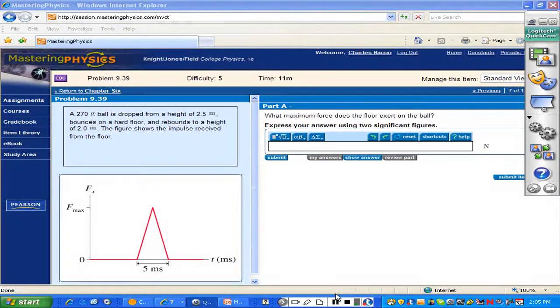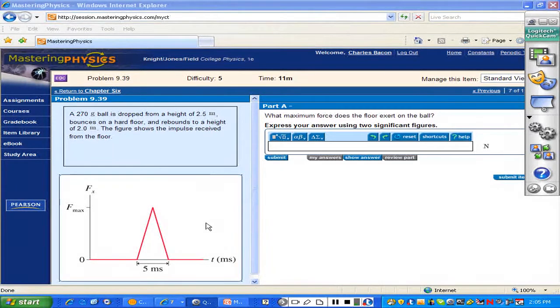And the figure shows the impulse received from the floor. Okay, think about that just for a second. What that means is that when the ball first contacts the floor, there's a normal force. And as that normal force acts on the ball, over time, as the ball deforms as it strikes the floor and then comes back up, still in contact with the floor as it re-expands, there's a force acting over that duration of time.